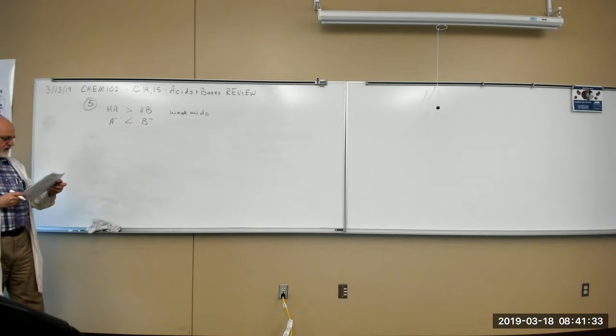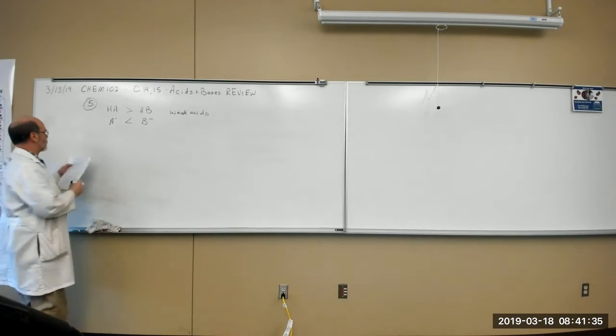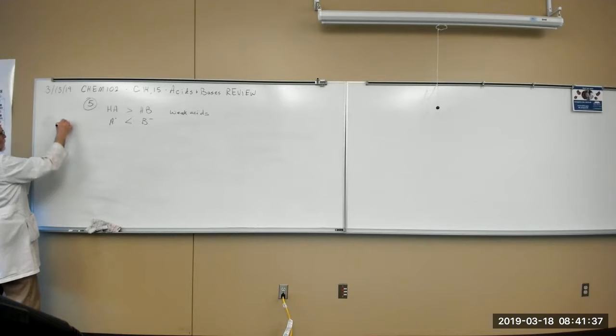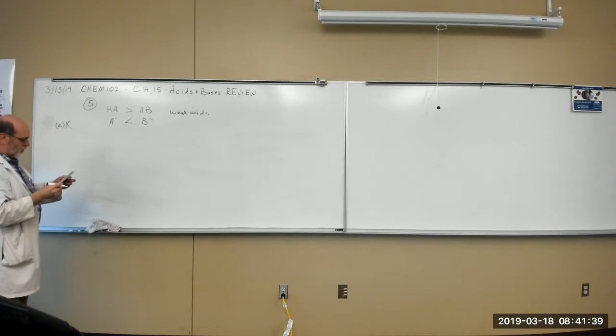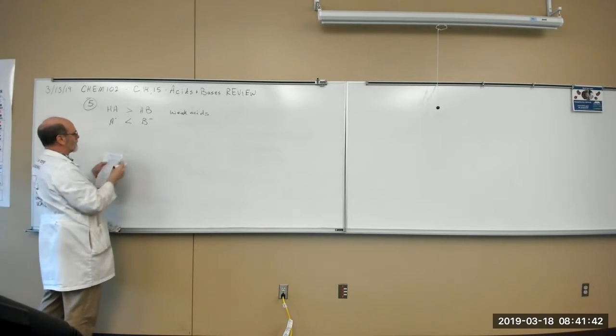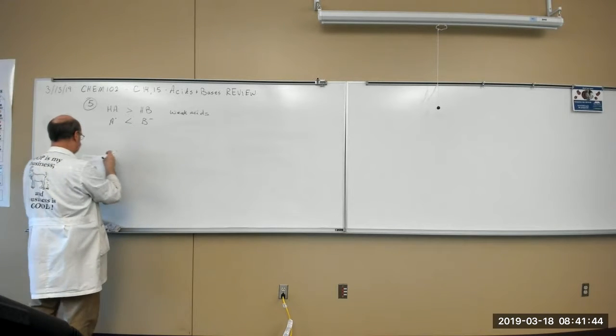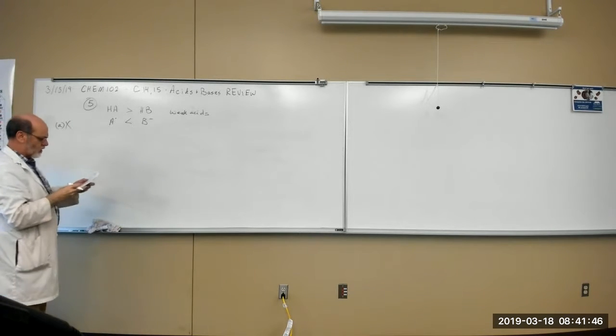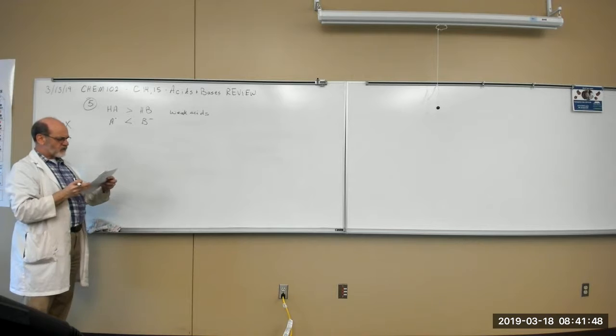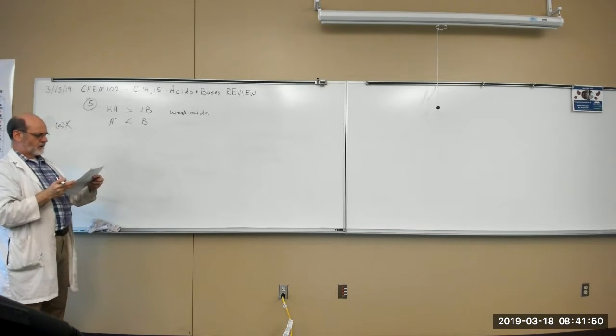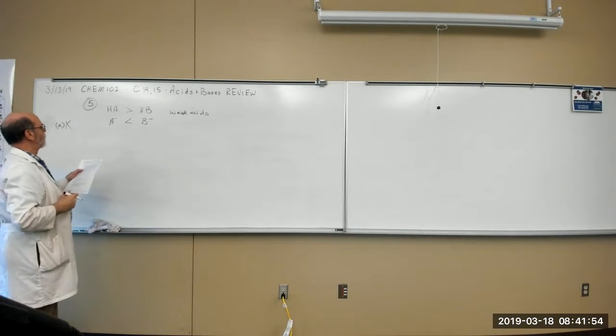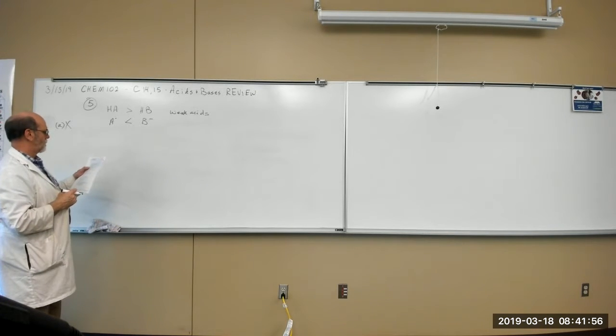Right? So it's not A. So A is out. B minus is a stronger base than A minus. That part is true. Which is stronger than H2O. So would B minus be a stronger base than H2O, or would A minus be a stronger base than H2O?